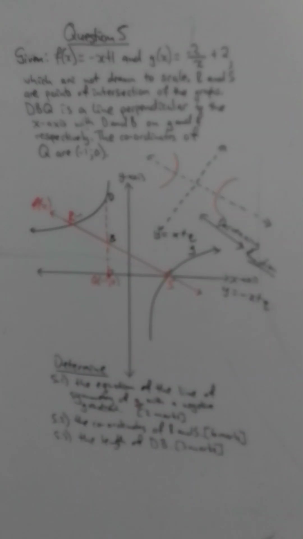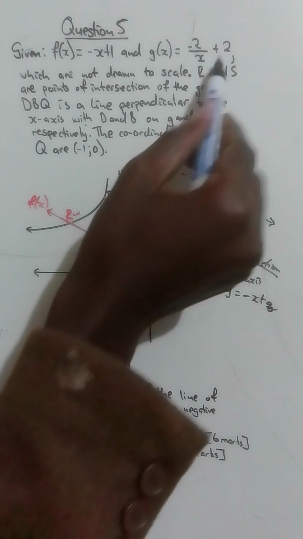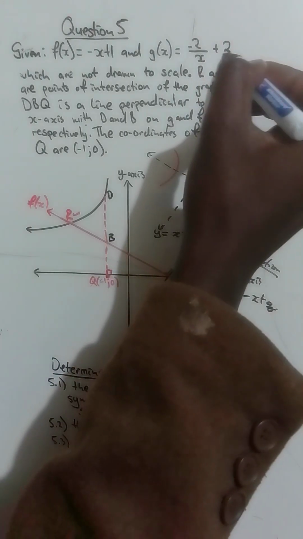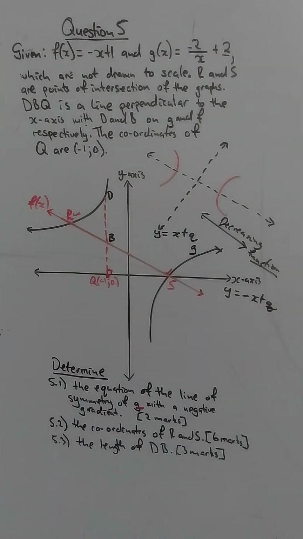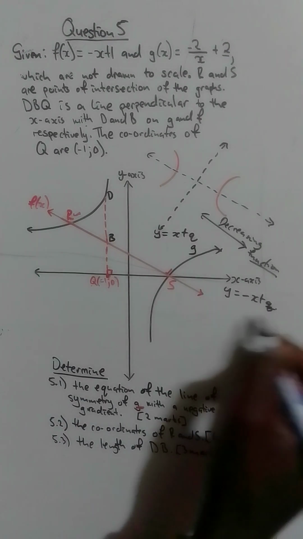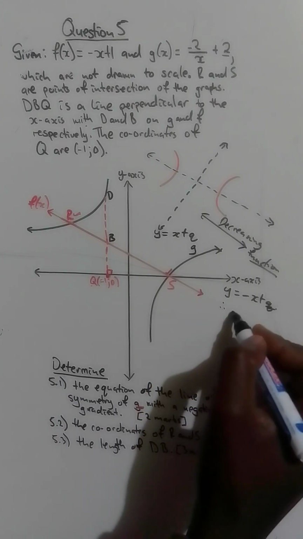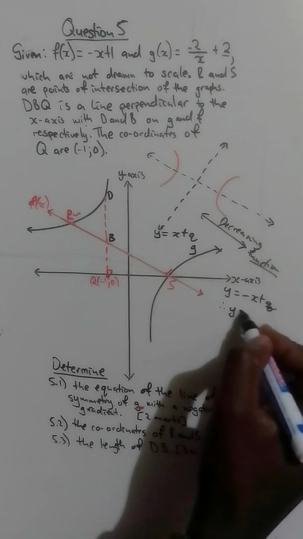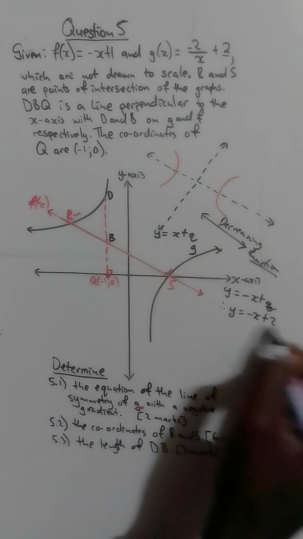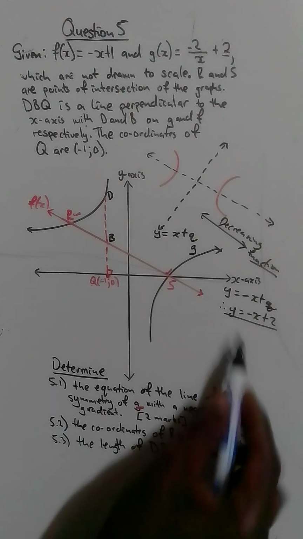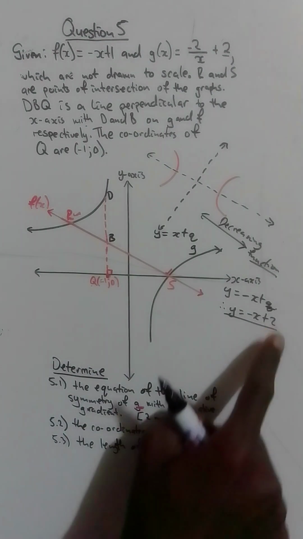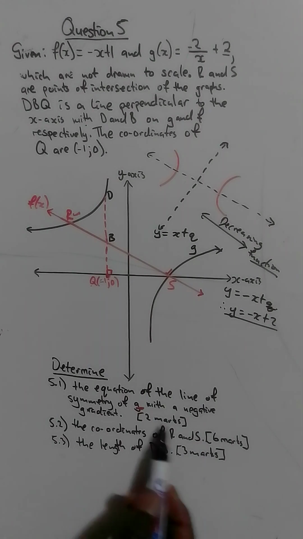Now, what do we do? Where does the q come from? If we go back to our equation, g of x is equal to negative 2 over x plus 2. This q which we have been provided as 2, that's what we substitute here. So we say, therefore, the line of symmetry is y is equal to negative x plus 2. And for writing like that and substituting these two into the equation, then you get your 2 marks.